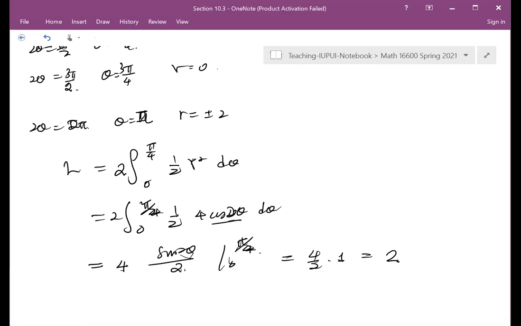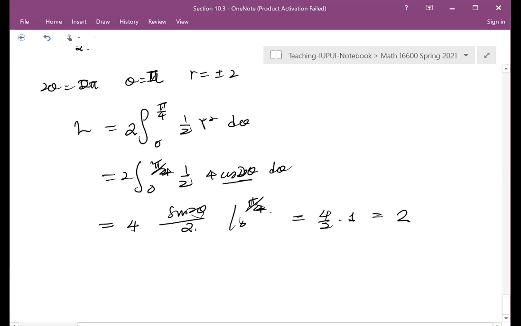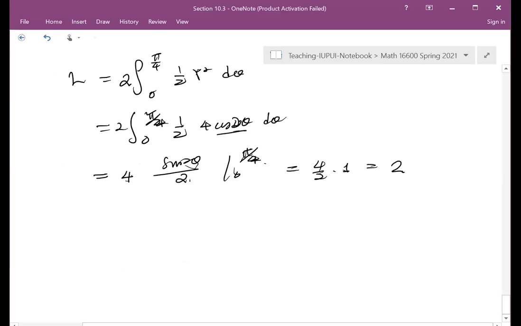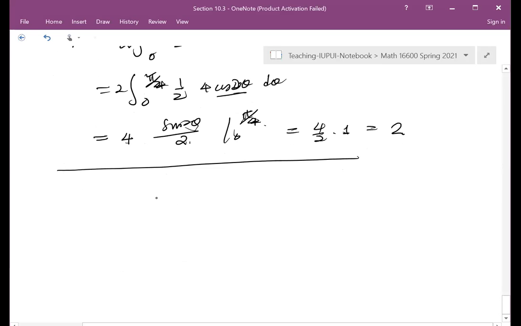In this section, we only talk about the length of the polar curve, and the area; we are restricted to a two-dimensional plane. But for the same curve, let me say a couple more words.